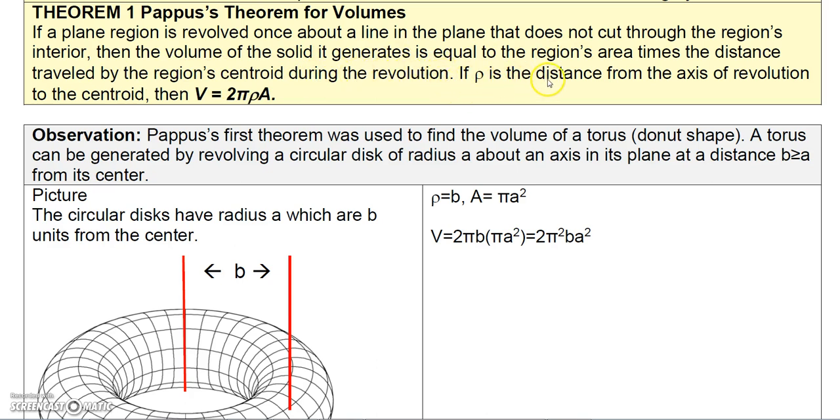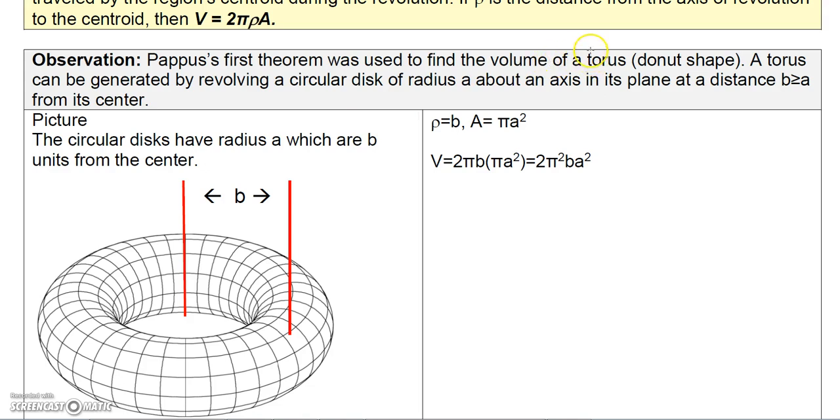If rho is the distance from the axis of revolution to the centroid, then the volume is simply 2 pi times rho times the area. Okay, so this torus is actually generated by taking a circle and revolving it around an axis, and you get this torus here. So the volume of this torus can be calculated using this formula, where the volume is equal to 2 pi times the distance that the centroid is from the center.